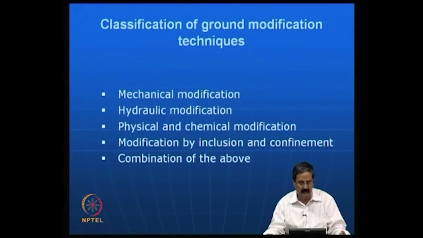Then we have another category called physical and chemical modification, in which, for example, the soil is poor. I just mentioned the case of an expansive soil, where the liquid limit is 100% and the shrinkage limit is 10%. So, if I add some sand to the expansive soil, what happens?